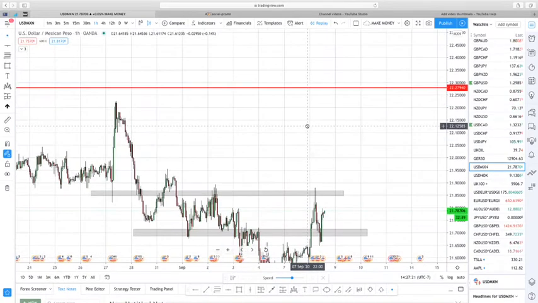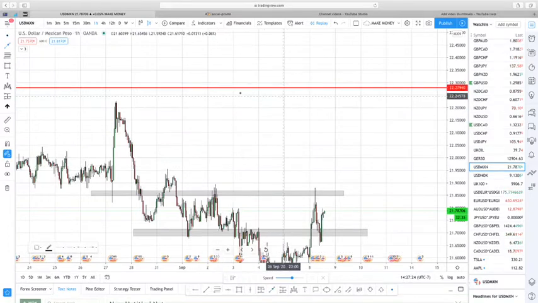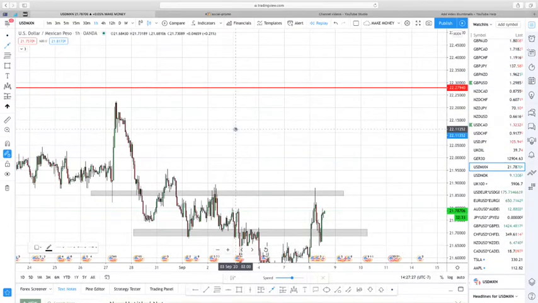Since we're doing the opposite of a buy limit, for a sell limit, price has to be below your desired entry price. Price has to be approaching your entry price.